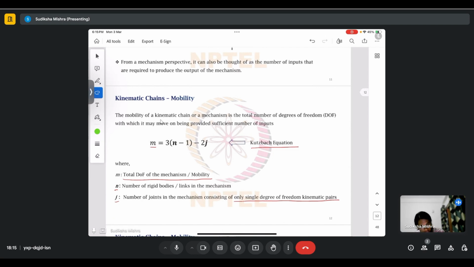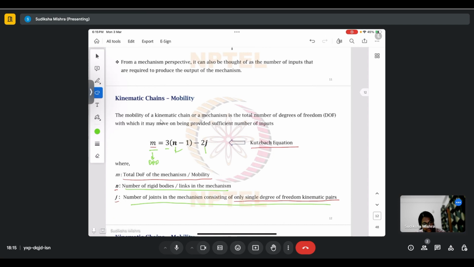So the formula is M = 3(n - 1) - 2j. M is the degrees of freedom, n is the number of rigid bodies or links in the mechanism, and j is the number of joints in the mechanism consisting of only single degree of freedom kinematic pairs.